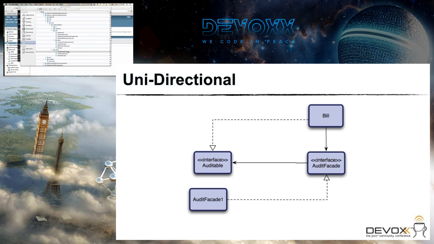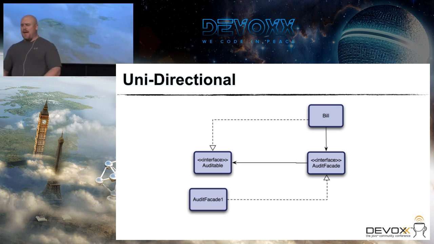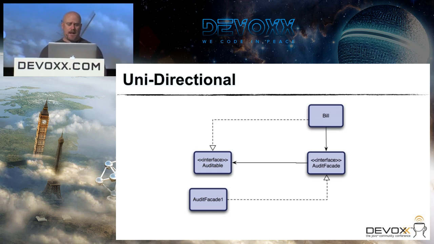So what's interesting is that I can have an inherently flexible class design, but if I don't focus on how I organize my packages and how I organize my modules, the resulting physical structure of my system will not possess the same flexibility as the conceptual structure, the class structure. I could put all of these in the same package. I could put auditable in the bill package, and I would still have the same flexibility as what I see here.